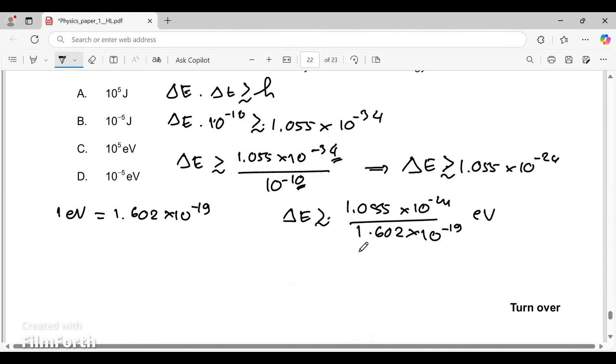Rounding to a reasonable number of significant figures, we get that delta E is greater than or equal to 10 to the power minus 5 electron volt. So this one, D.